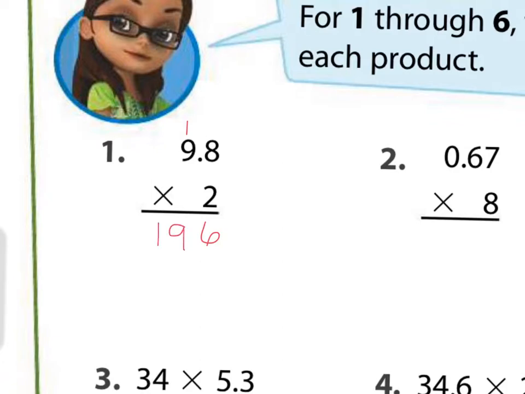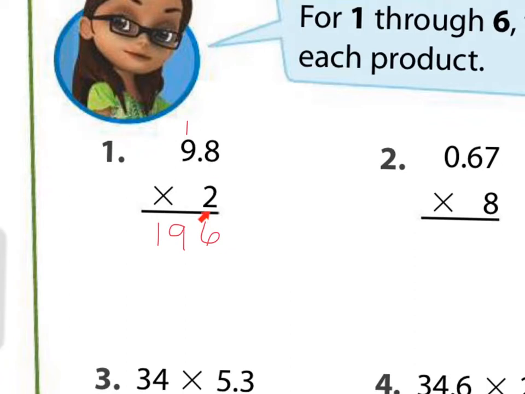Okay, so that's easy. Now we're going to go back and count the decimal numbers in each factor. The first factor is 9 and 8/10, because remember, a factor times a factor equals a product. So there is 1 decimal number in 9 and 8/10, and that's the 8. So that's 1.